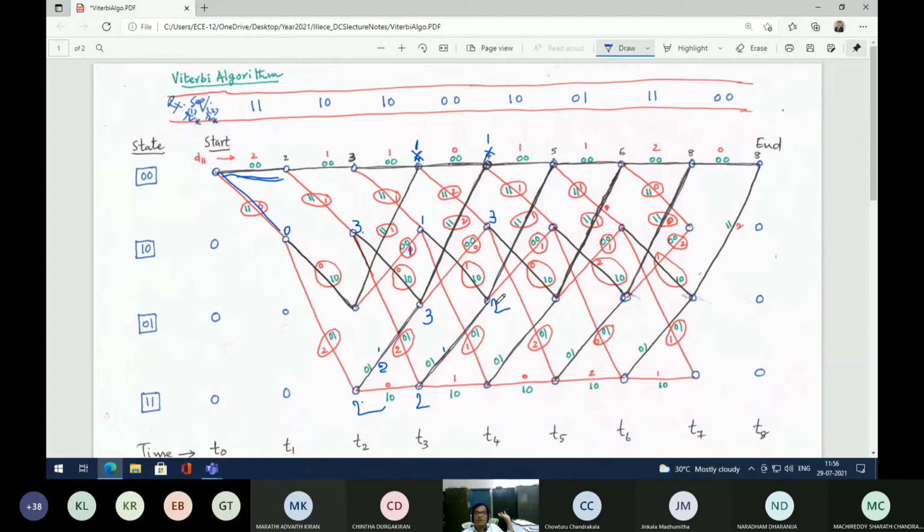This becomes 2 here. Okay. And what about this? It is 1 here plus 1, you will get 2 here. Because this one, 2 plus 1 is 3 here, but here we are coming this way.